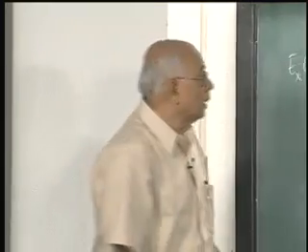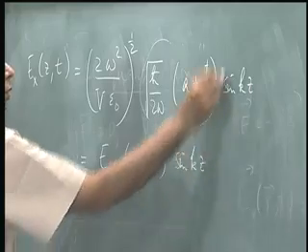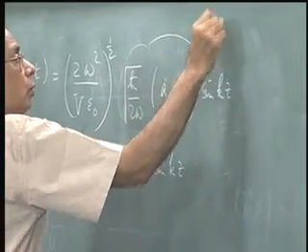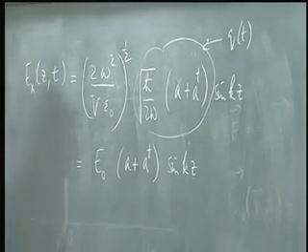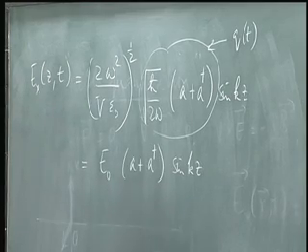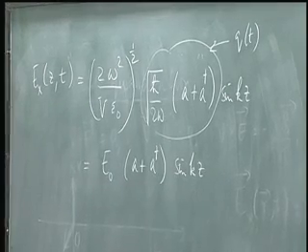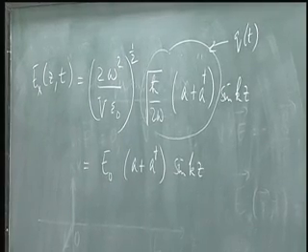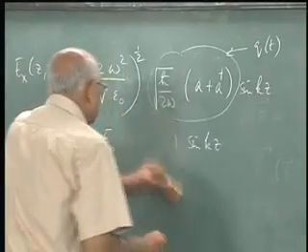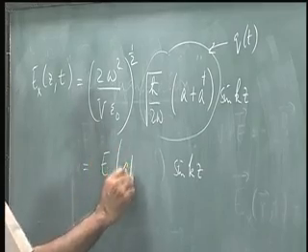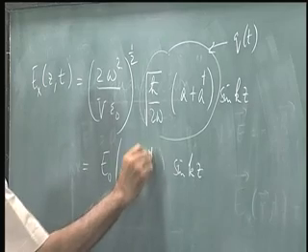This whole factor came from q of t. The t dependence of this classical field I put in this factor q of t. So that is true even here, there must be t dependence. So this means we are working in the Heisenberg picture. These operators are time dependent, so we must be careful. Let me write that down properly. So this is a of t plus a dagger of t.